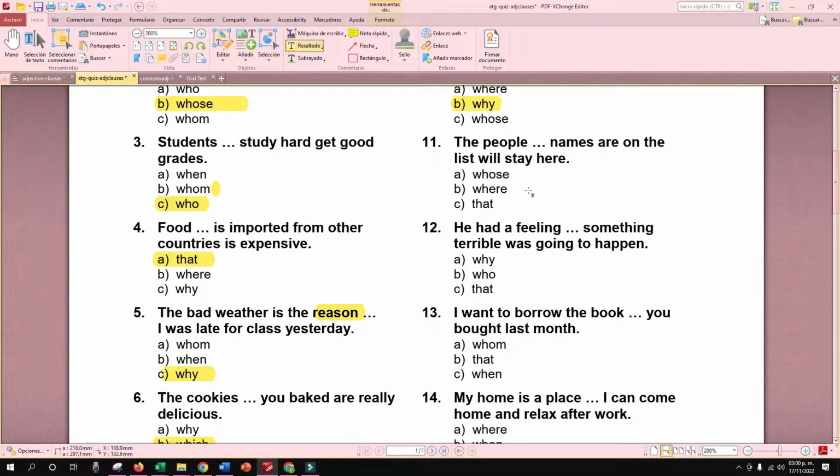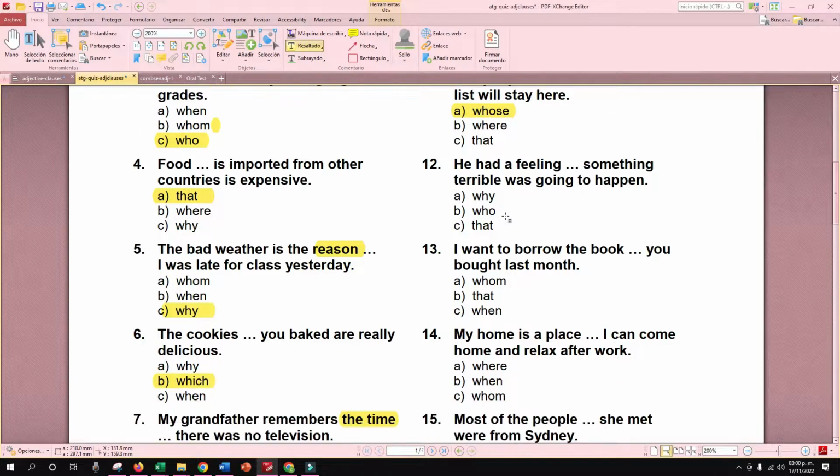Whose, where, or that? Which could be the answer, guys? Whose. Perfect. The people whose names are on the list will stay here. It's like, you can say possession, right, in that case.